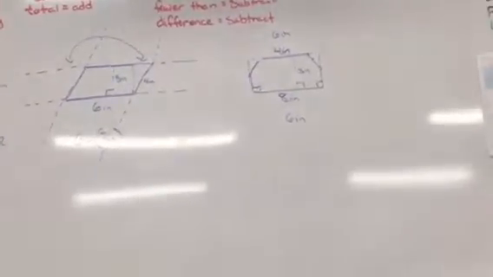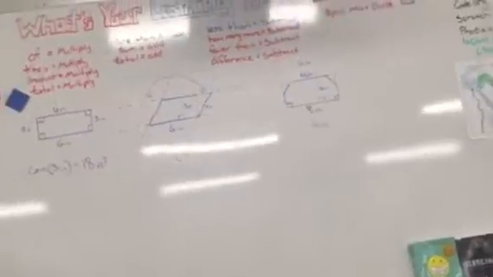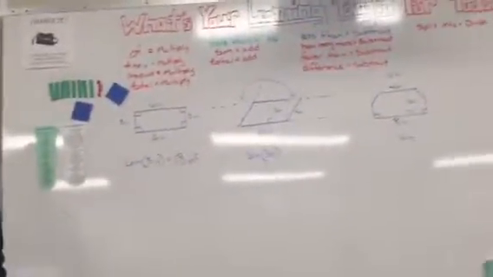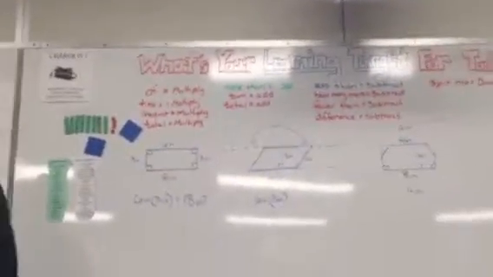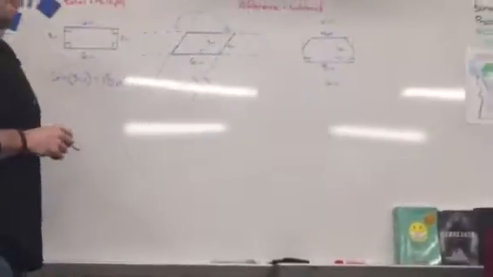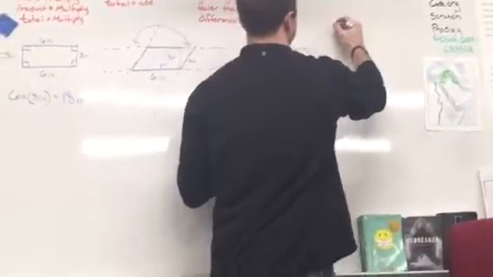So what did I do with that 8 and 4? I found the middle of the two. So I didn't find the median, but what did I find? Thank you. I found the what of 8 and 4? I'll show you the formula. You tell me what I'm doing. The formula is base 1.